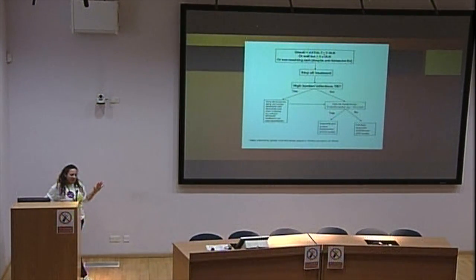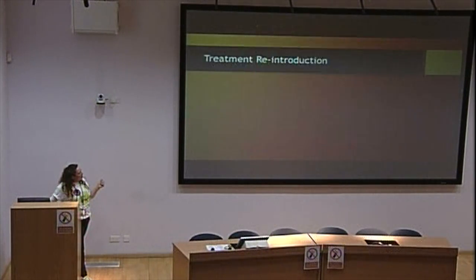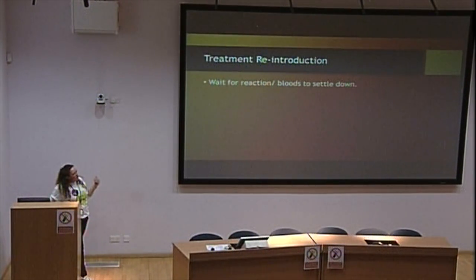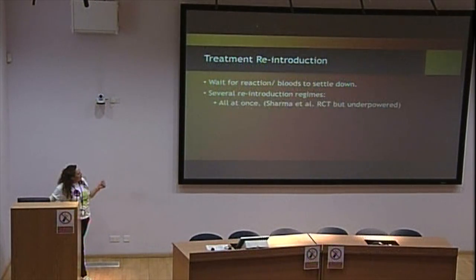If they are very unwell or they have drug-resistant disease or a high burden of TB, then it's worth considering different medications other than the baseline at that point. Wait for the reaction or the bloods to settle down before reintroducing, and think about which regimen you want to use.